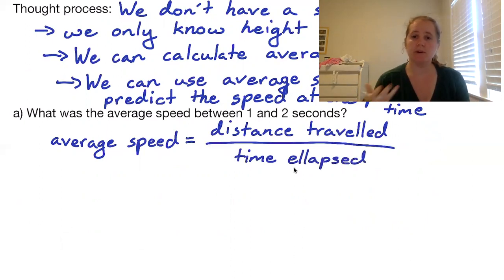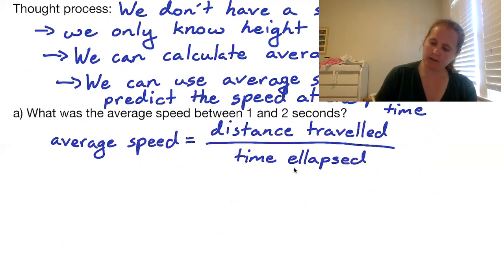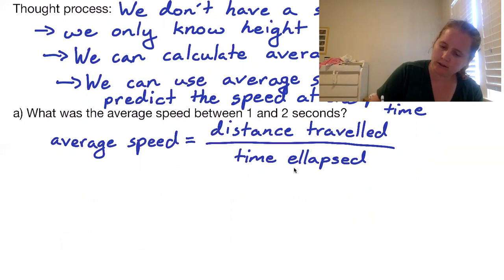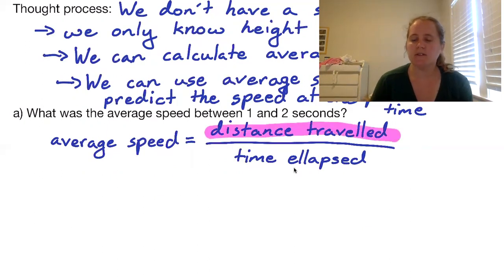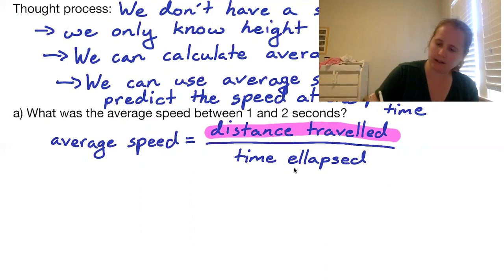So in this case, we're going from 1 to 2 seconds. To find the distance traveled, we just can do the height at 2 seconds minus the height at 1 second.